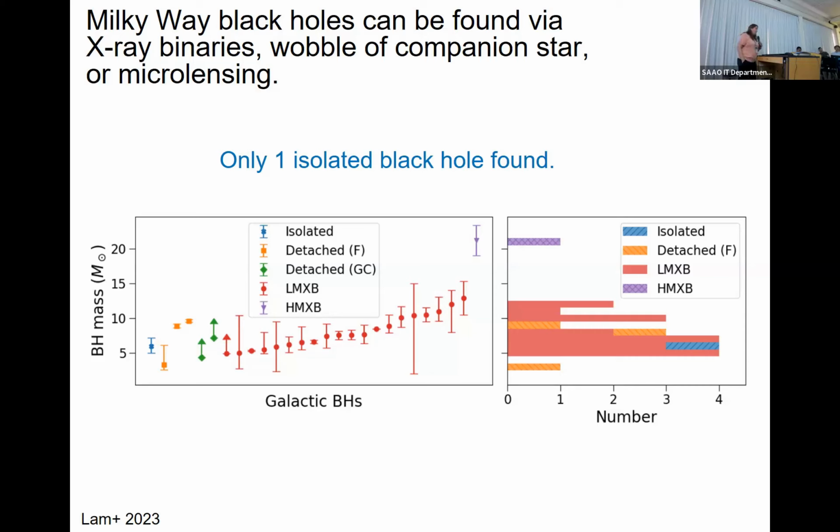So in the Milky Way, where we have lots of information, we can study black holes through EM emission predominantly, X-ray binaries being the dominant mode for measuring masses of black holes, but also now detached black holes with a star companion, watching the star wobble, and now microlensing, which is sensitive both to isolated black holes and binary black holes. So the number is still very small in the Milky Way, and we're all racing to increase this number to keep up with the LIGO population.